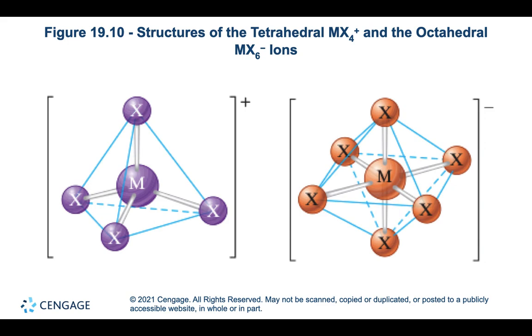And then you can get the octahedral form. Many times these ions can be mixed in ionic structures, the positive being the MX4+ ion, and the octahedral form being the minus ion, and then put together they make an ionic crystal.